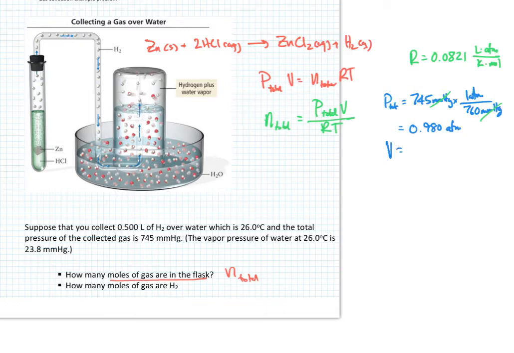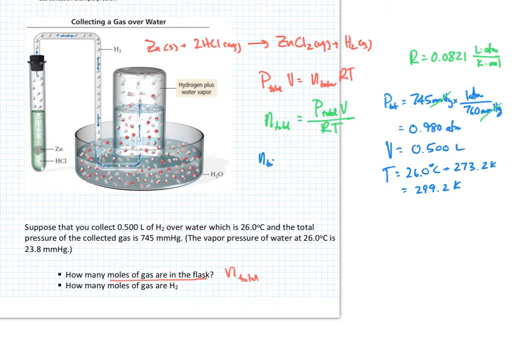V is equal to 500 milliliters, we're actually given it in liters, 0.500 liters. Temperature is equal to 26 degrees C plus 273.2 Kelvin. So that is going to equal 299.2 Kelvin. Okay, then we just need to plug into our PV equals nRT equation.